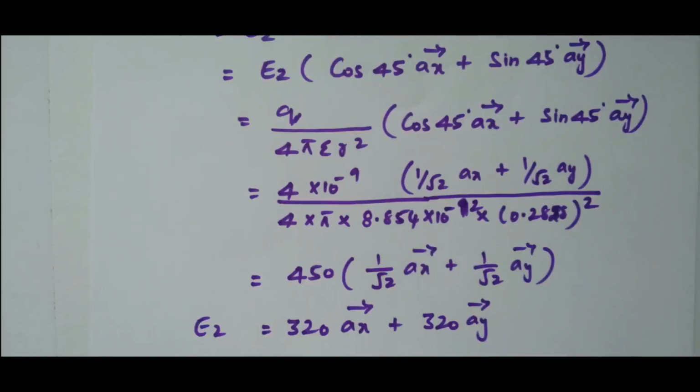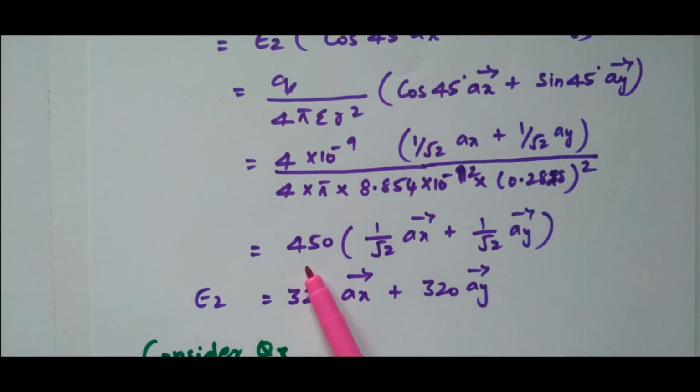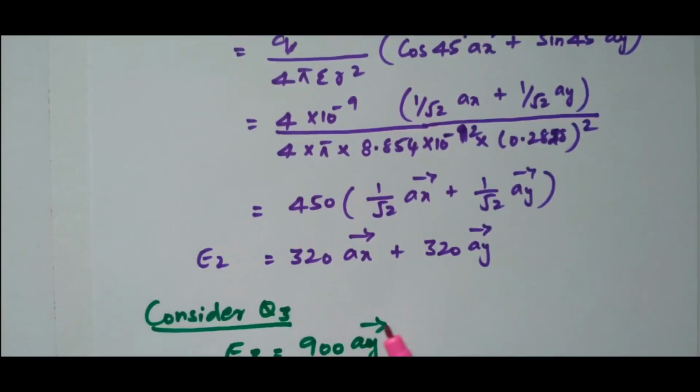By simplifying this and multiplying inside, we got 320 AX plus 320 AY. So while considering the second charge, we have horizontal and vertical components, given as 320 AX plus 320 AY.